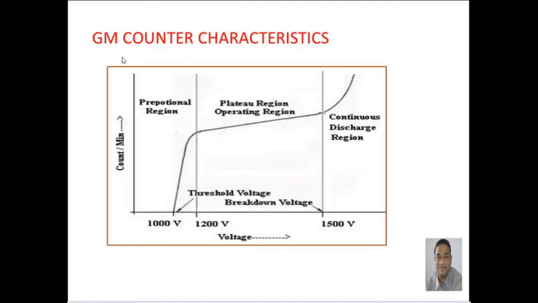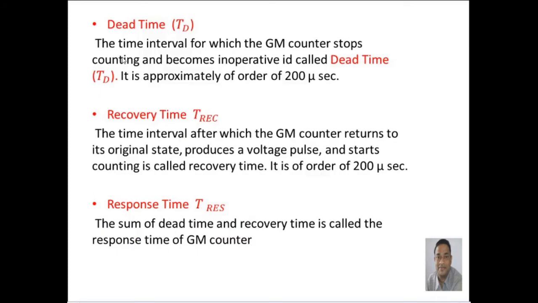In this particular figure, the breakdown voltage occurs at 1500 volts. In this continuous discharge region, the GM counter's rate of counting goes on increasing, and there is every possibility that the counter may burn out. So whenever we are operating a GM counter, the first precaution is that the applied voltage never exceeds the breakdown voltage of the GM counter.